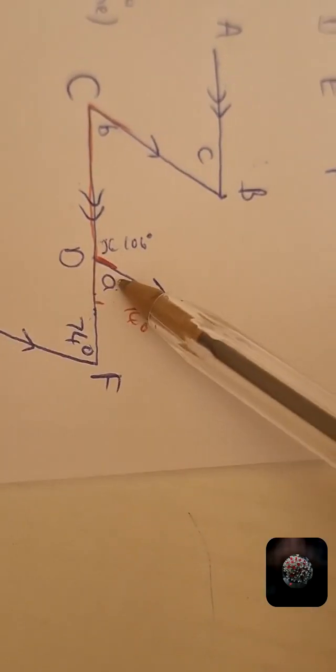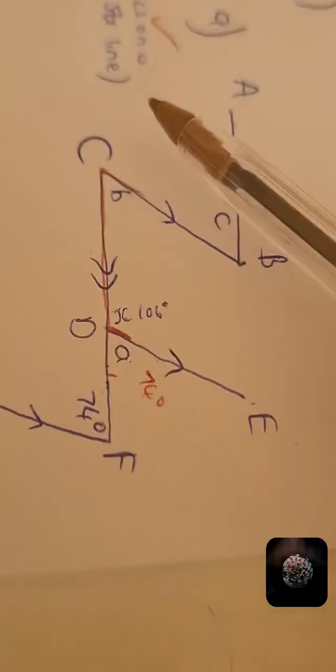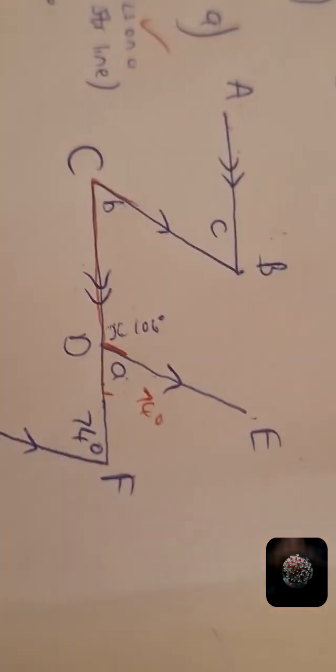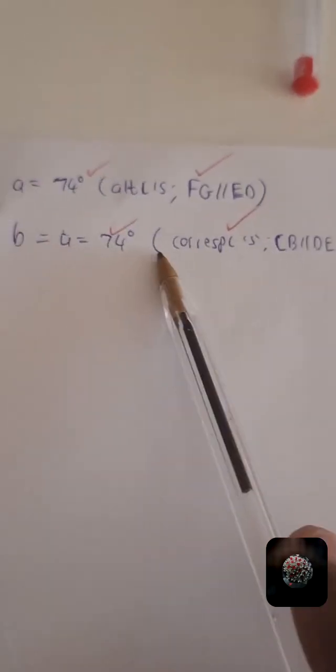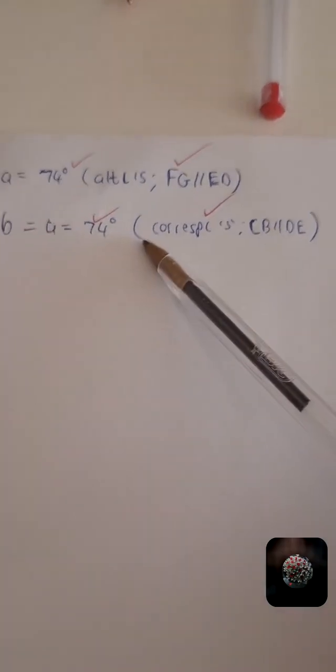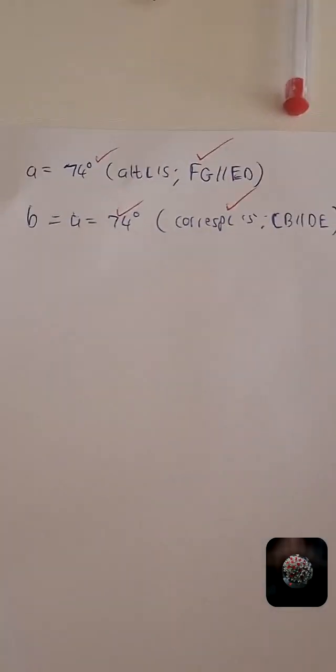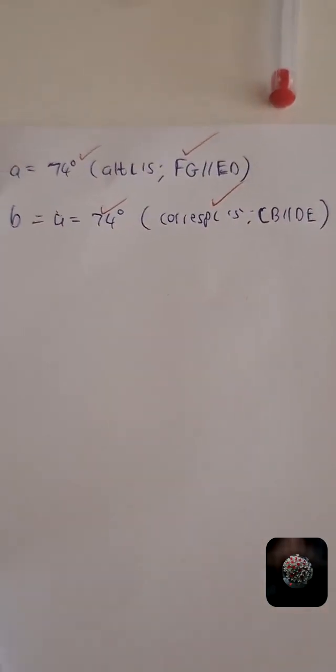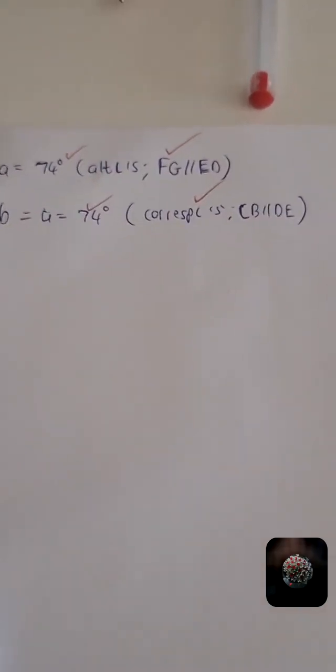Look at someone who is able to see, after finding A, that there's a relationship between A and B, and it is corresponding angles. How much did it take me? One line, one statement, one reason, done, finished. 30 seconds, and then moving on to the next question.